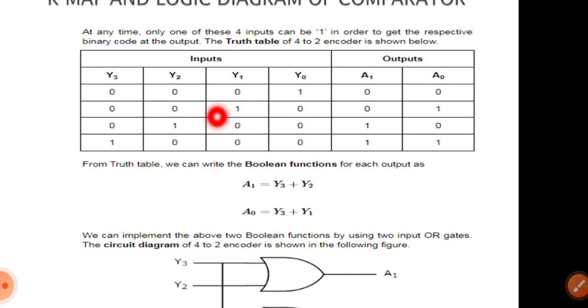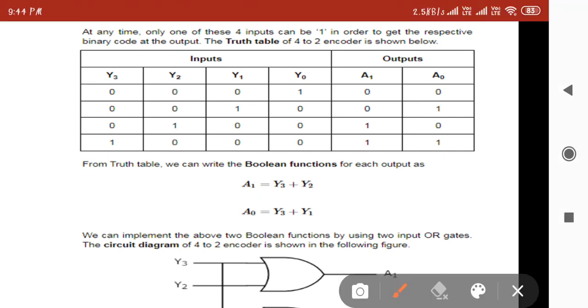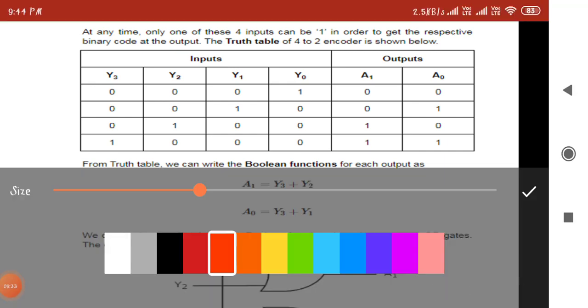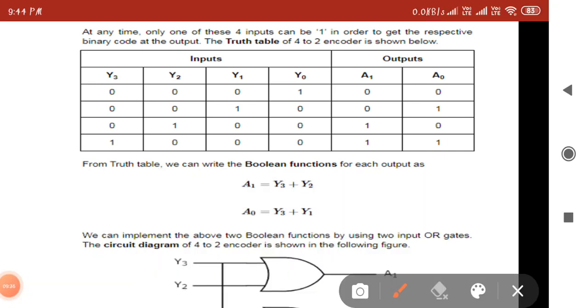I was going to write the K-map for this one, but sorry, there is no need of the K-map. Let me write that one. Yes, A0 and A1.